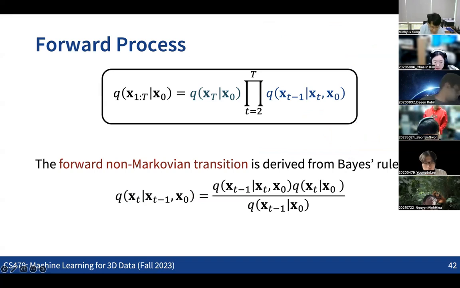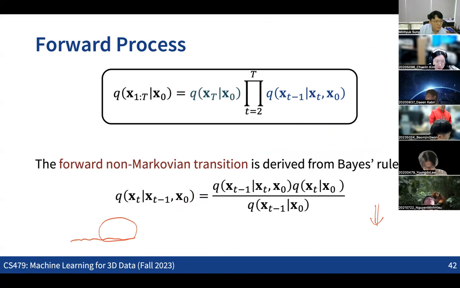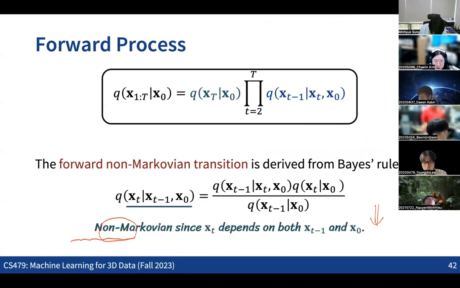And when you define this conditional distribution conditioned by both the xt and the x0, we are also introducing a new variable here, the sigma, which we are going to play with in the next slide. So this is a non-Markovian process because the xt now depends both on the xt minus 1 and also the x0. That's the change that we are making in the forward process.